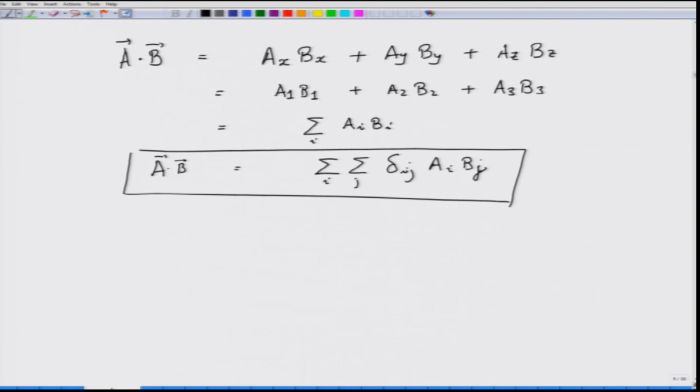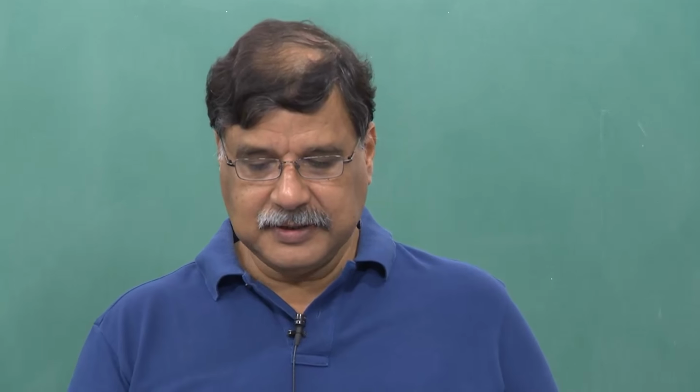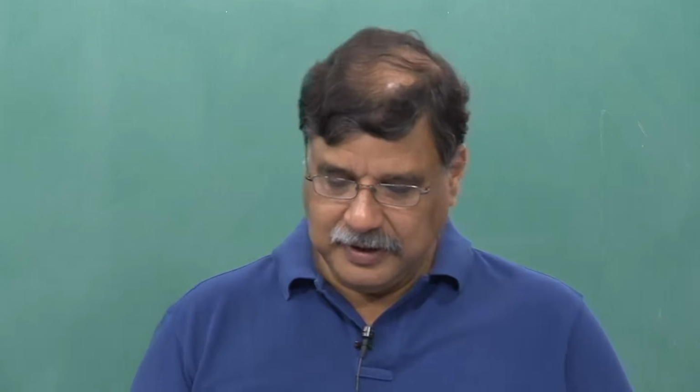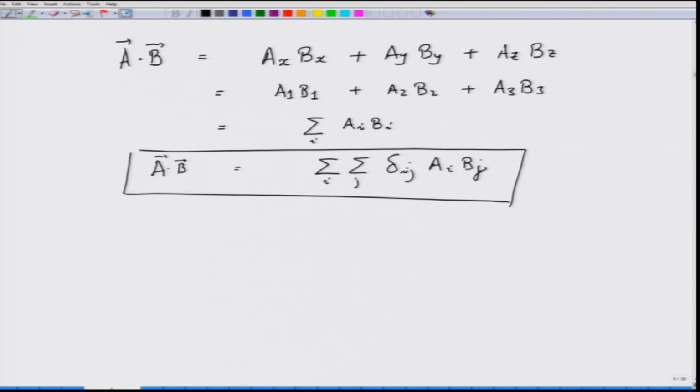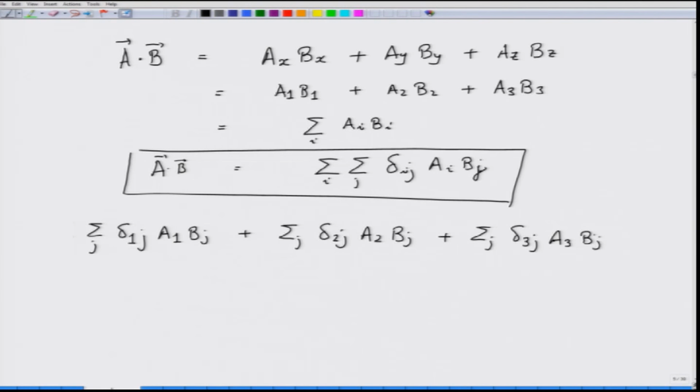You can very easily see that it actually is the same thing as A x B x plus A y B y plus A z B z. Let us do that just to get more familiar with it. So, I will have summation over j delta 1 j A 1 B j, plus for i is 2, summation over j delta 2 j A 2 B j, plus for i equals 3, summation over j delta 3 j A 3 B j.